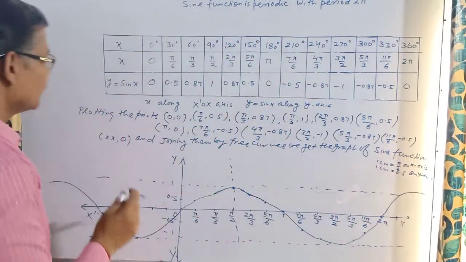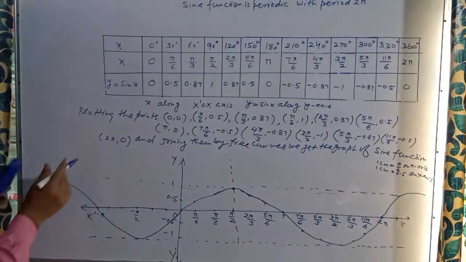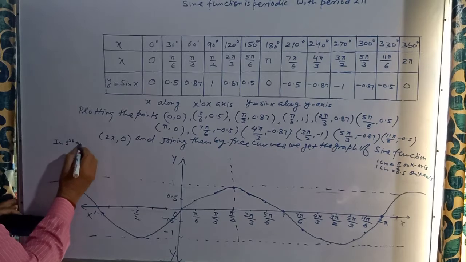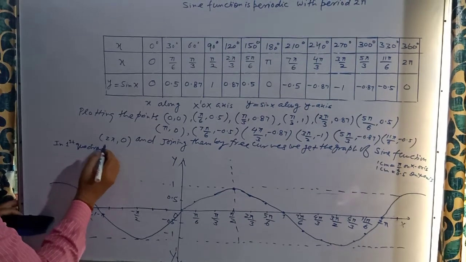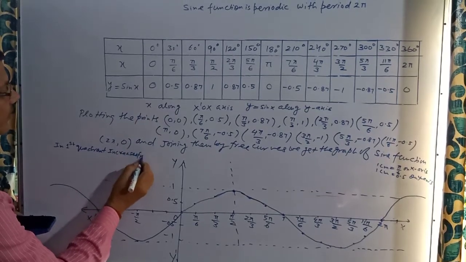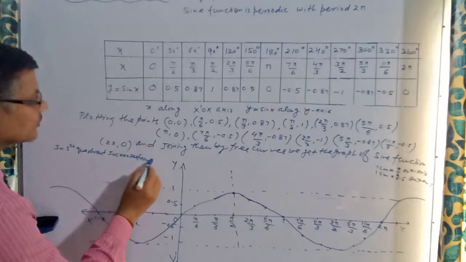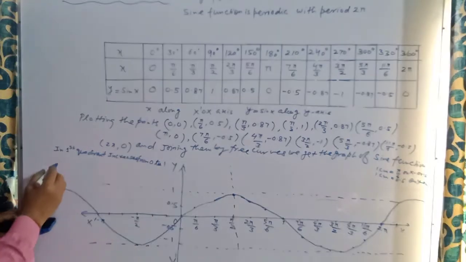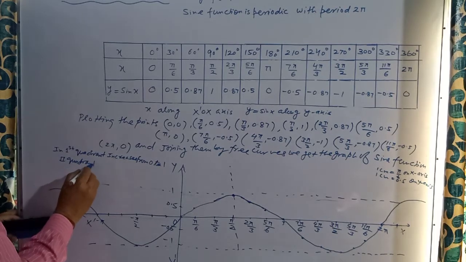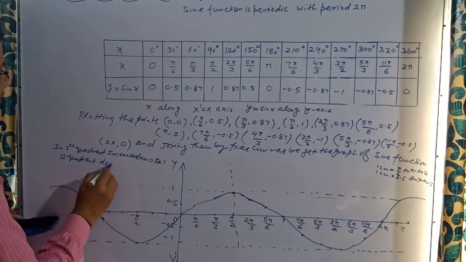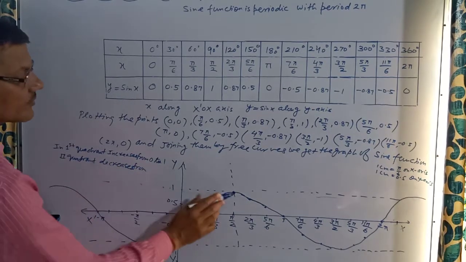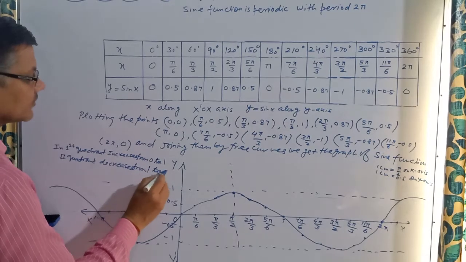This is the graph. So we write here the function in first quadrant increases from 0 to 1. Second quadrant decreases from maximum value 1 to 0.